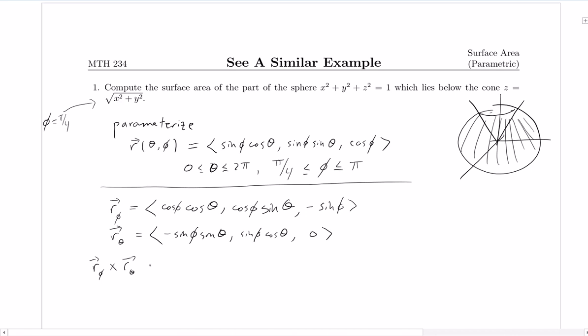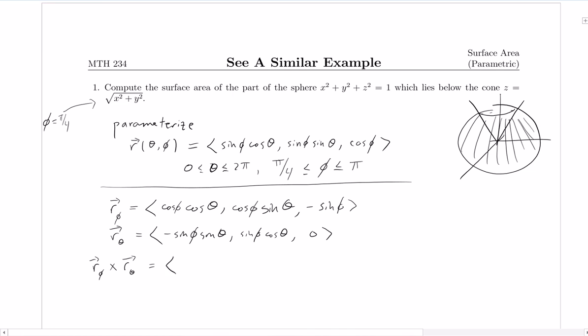The order really doesn't matter here. If we flip the order, we just get a minus sign on everything. But we're going to end up just computing the length of this vector, so the minus sign will be irrelevant. I'm only choosing this order to minimize the number of minus signs that we get.